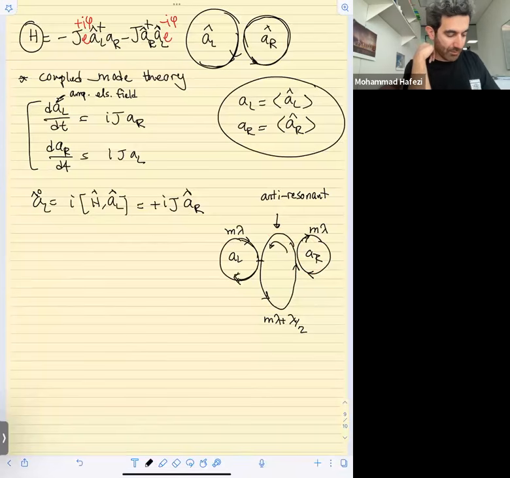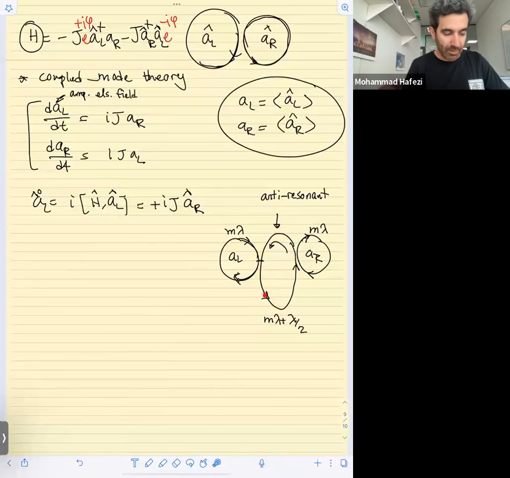So when I'm hopping from left to right, I will take the lower path. When I'm coming from right to left, I take the upper path. Because of this anti-resonance condition, I don't circulate in the middle one. I just hop either from here to here or from here to here. Now, if I put this resonator asymmetrically, as I've shown over here, then the optical path that I take when I'm going from left to right is different from the optical path when I go from right to left.